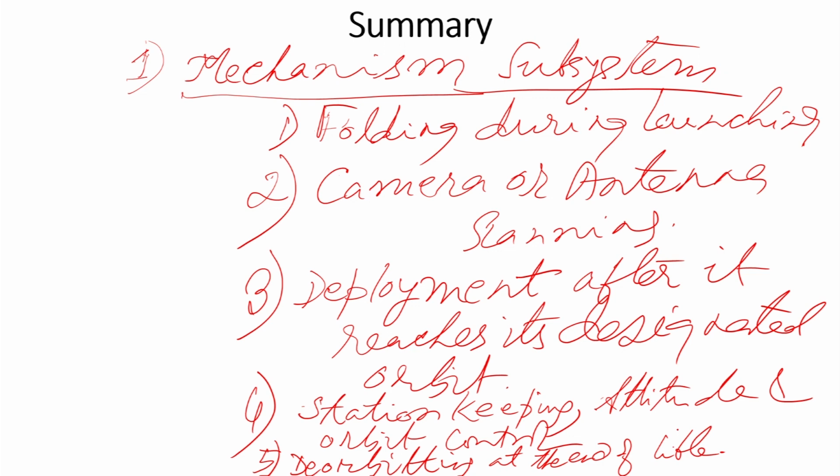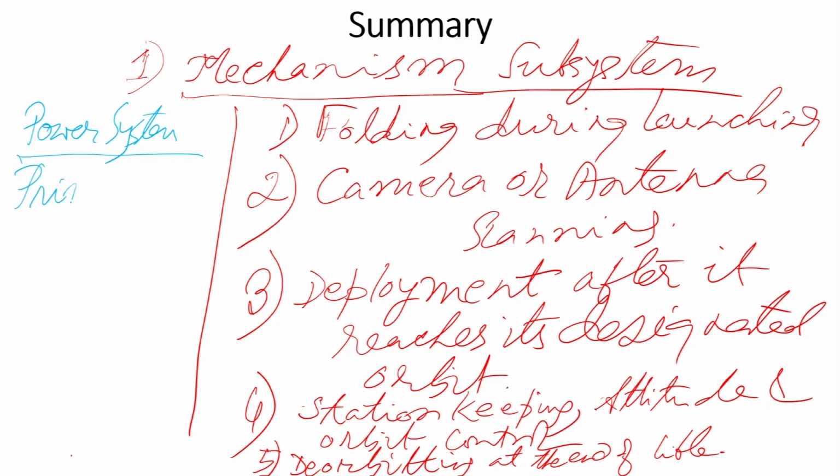After that we discussed the power system. In the power system, the primary source is solar radiation, using the photovoltaic cell and the array of it, which is called the solar cell.